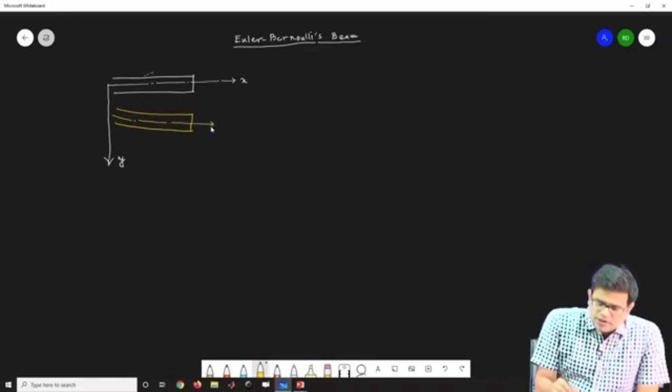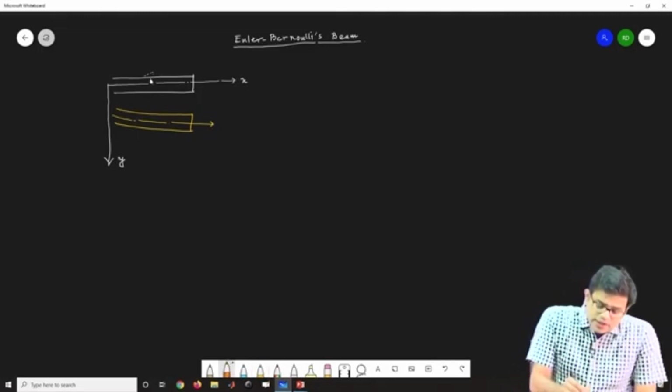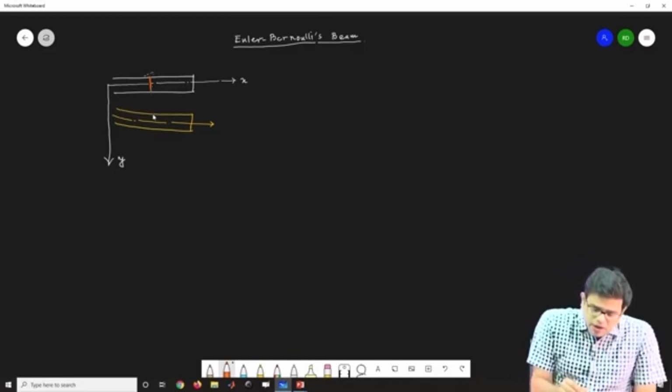What the Euler-Bernoulli beam suggests is that what was perpendicular to the fiber in the undeformed configuration will remain perpendicular after deformation.